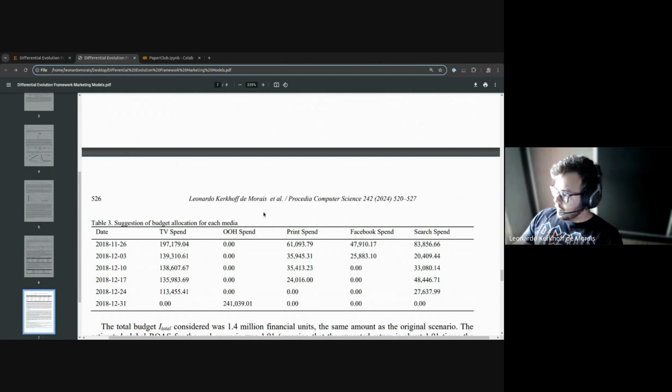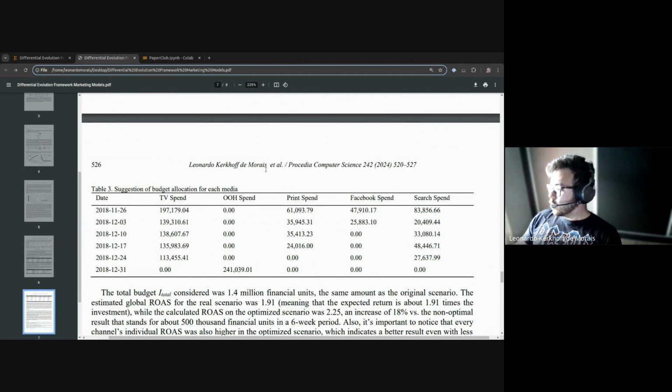And here we have how the algorithm chose to spend this value over time for each media channel. So as we can see, TV, instead of pulverizing this value that they have, to give it a bigger spread, it chose to leave the last value without any investment at all.